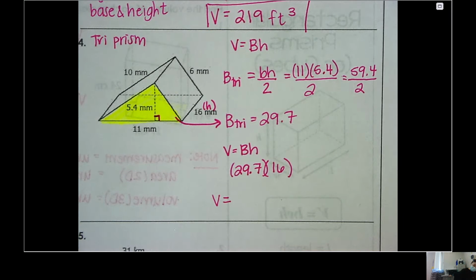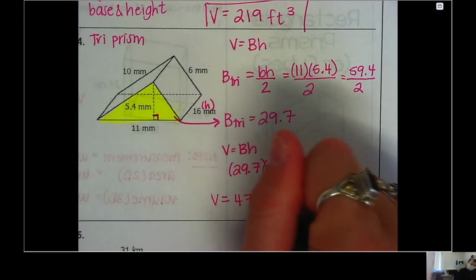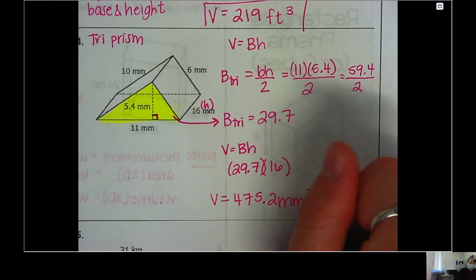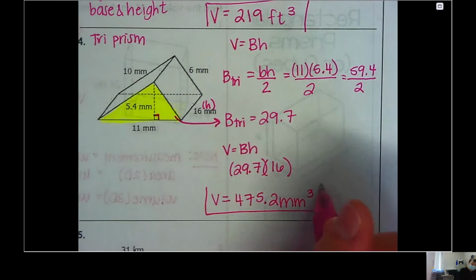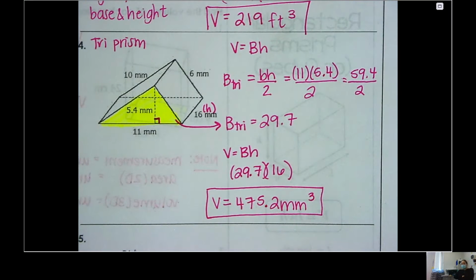Multiply the two and tell me what you get. 475.2 what? Millimeters cubed. Very nice. All right, so area of the base, which was a triangle, times the height of the whole prism, which was 16. All right, what questions can I answer now?